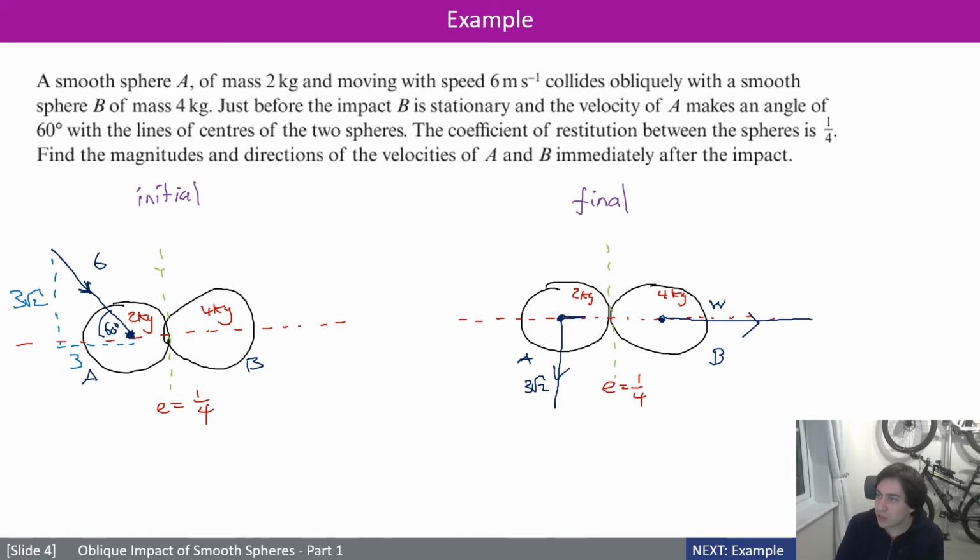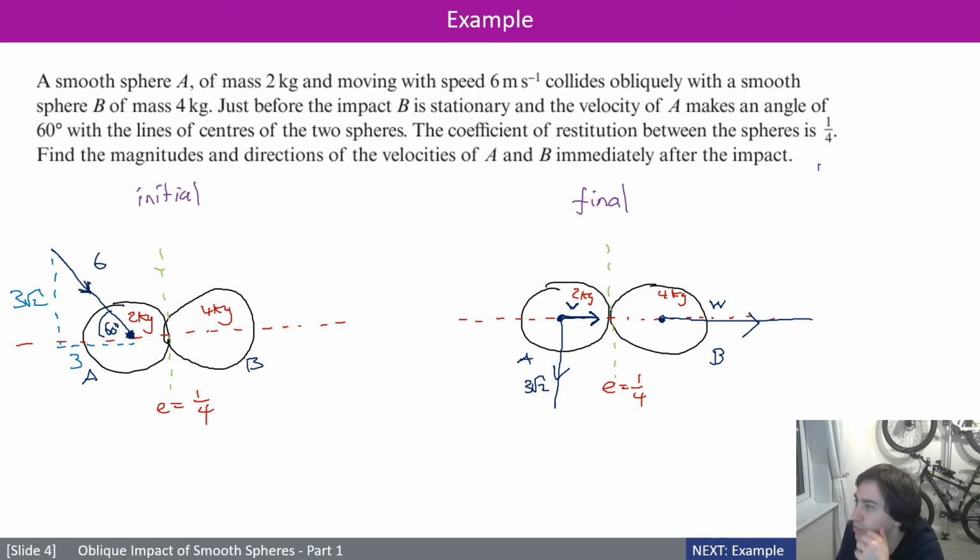Let's just assume a positive direction to the right and give it an unknown quantity V, which could be positive or negative, right? So that's it. Now we've got two unknowns, V and W. And now with those, we can apply those two tools we had before, right? It's along the line of centres. We use conservation of momentum, and we use Newton's restitution rule. So let's do that.